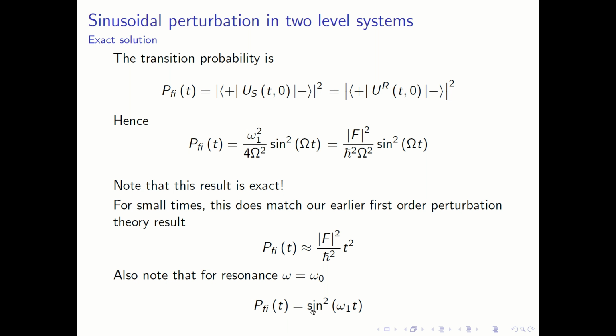P_FI is sine square, there is a typo here again, sorry, this is going to be sine square omega 1 by 2 into t. But capital omega, again the Rabi frequency, in this case is now just omega 1 by 2, and you are going to get nice oscillations, and these oscillations are going to carry you all the way up to the excited state.